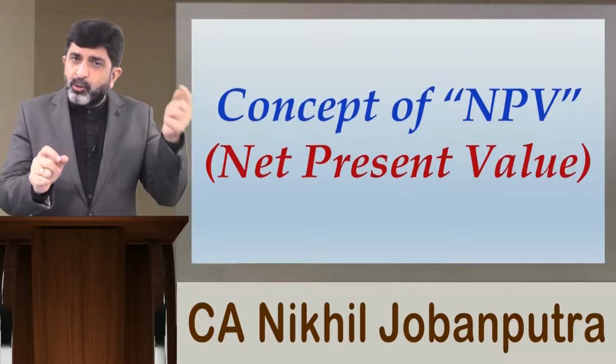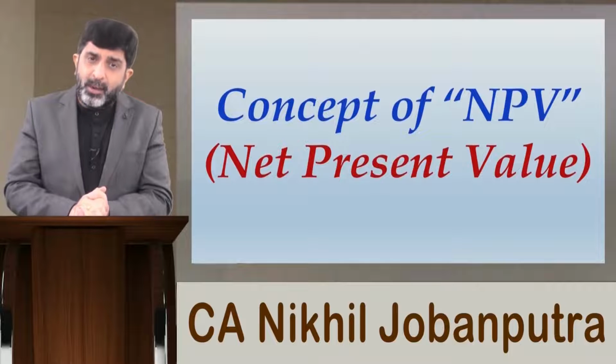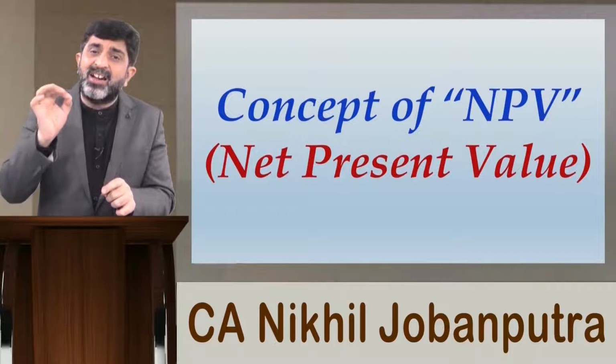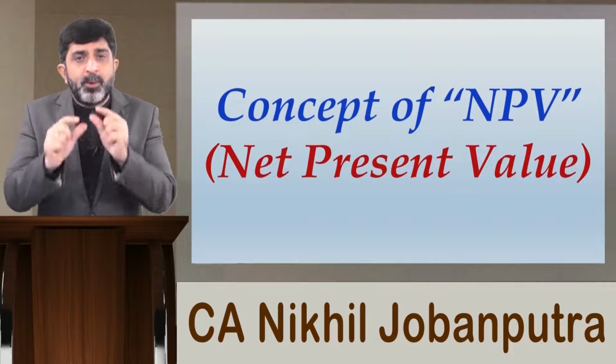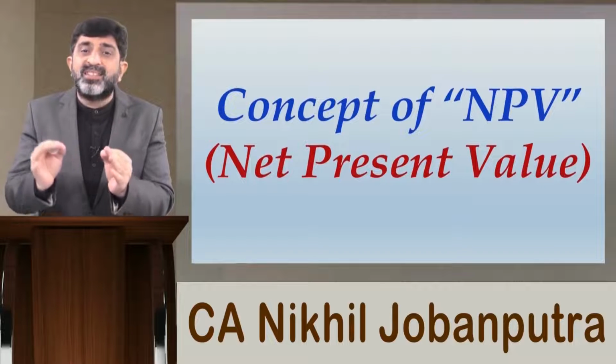So 1,10,000 divided by 1.1, and what you get is the present value of rupees 1 lakh. Now this present value 1 lakh can be considered as a discounted cash flow, and the rate of return that you are applying for computing this present value is therefore also known as discounting rate.